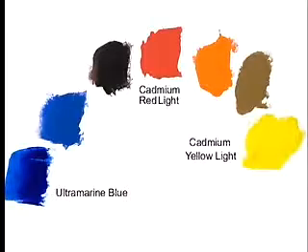Once you learn the value ratings of the paint colors you use on your palette, you'll be able to use color more effectively. For instance, cadmium yellow light is value 8 right out of the tube. Cadmium red light is value 5, and ultramarine blue is value 2.